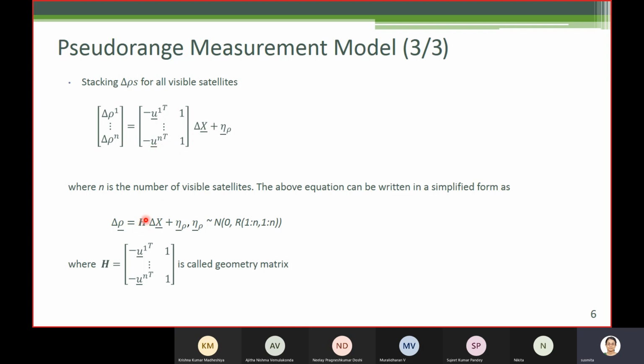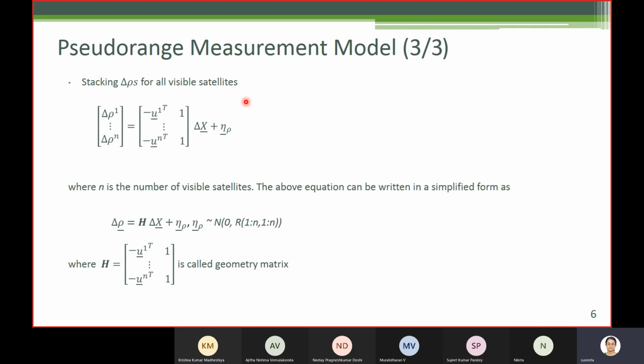When we write a variable in bold letters, it's a matrix. Okay, so capital H is a matrix. It's called the geometry matrix, and then we have the measurement error, which is Gaussian distributed with zero mean and error covariance given by R. So this is the measurement model matrix.